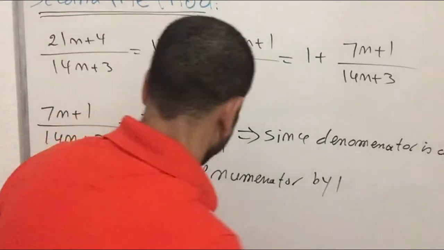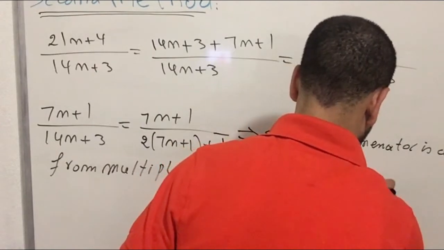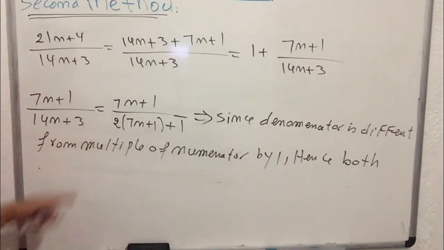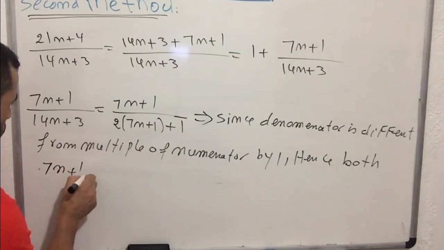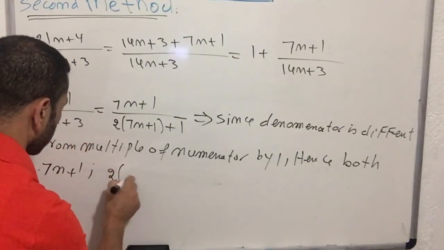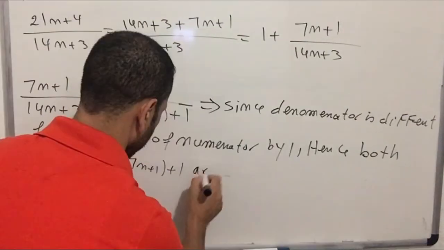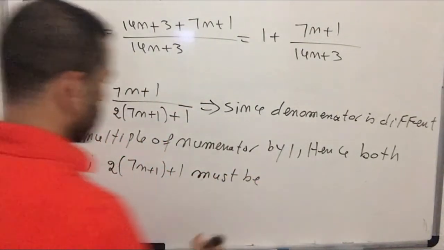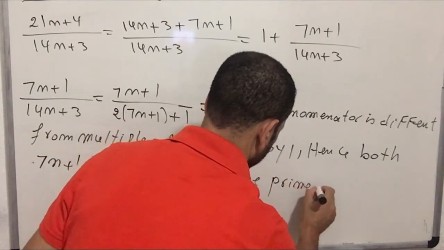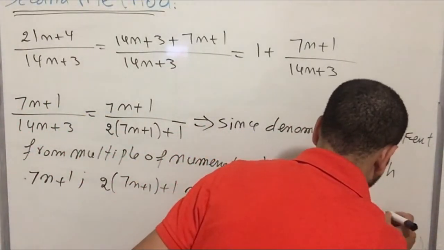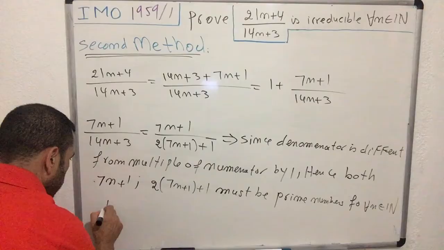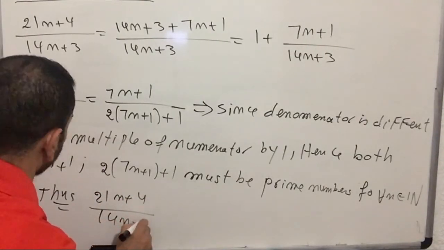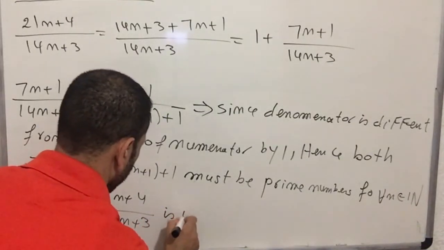Hence both the numerator 7n plus 1 and the denominator 2 times 7n plus 1 plus 1 must be coprime numbers for all natural numbers. Thus 21n plus 4 over 14n plus 3 is irreducible.